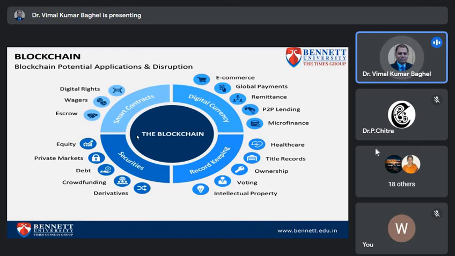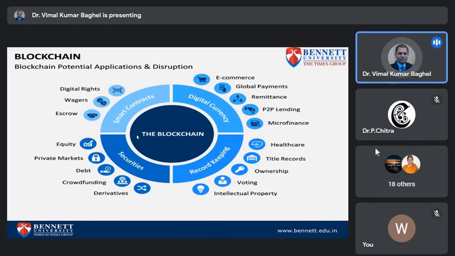Some small countries like Botswana, in which the population is very small, have already started this blockchain kind of system in which every person votes with the help of a decentralized application online. Then transfer of ownership, land records, healthcare records, microfinance, like financial inclusion, is one of the important use cases that we can have.